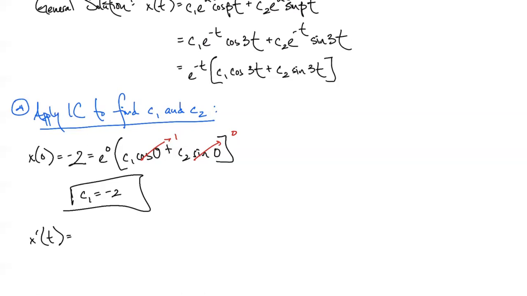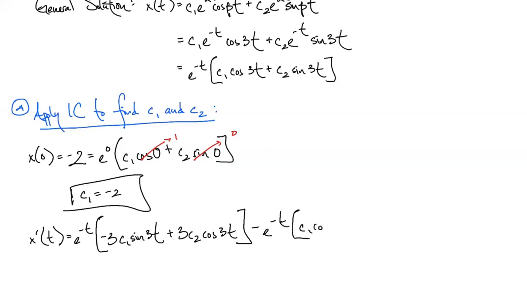So e to the -t times the derivative of the inside, plus 3c2 cosine 3t, plus, now we need to take the derivative of that outside piece, -e to the -t, and then we keep our inside the same.